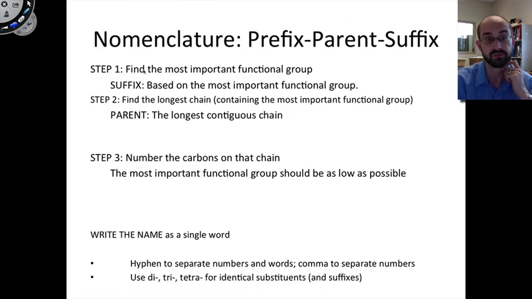So, this is what I've taken you through today. We found the most important functional group for alcohols, ketones, and aldehydes. The longest chain. Well, this will make more sense once there's other stuff going on. Number the carbons on the chain, and then write the name as a word. Use di, tri, tetra.